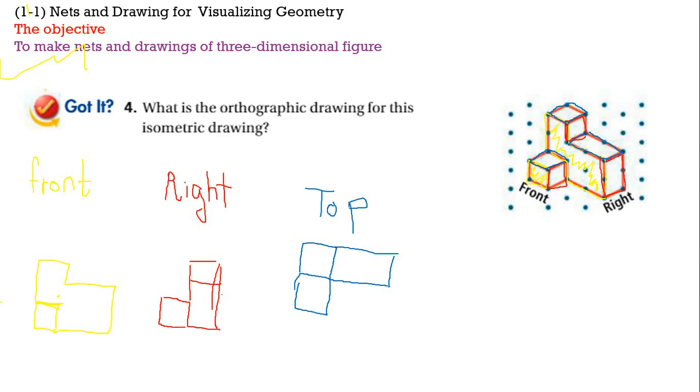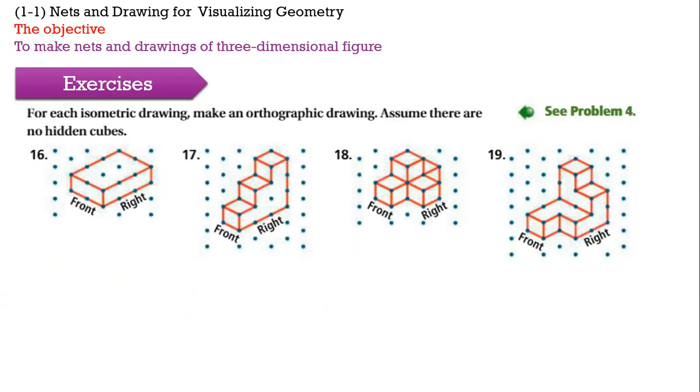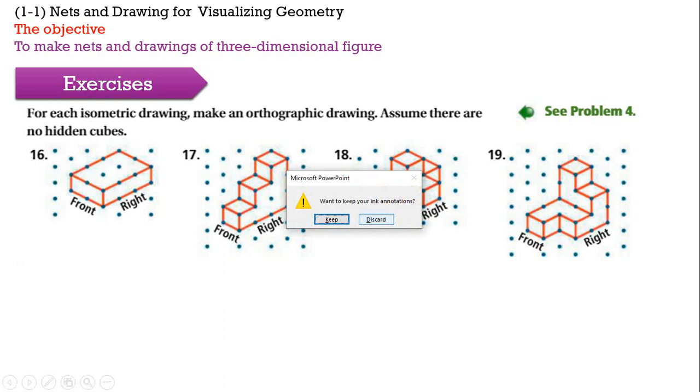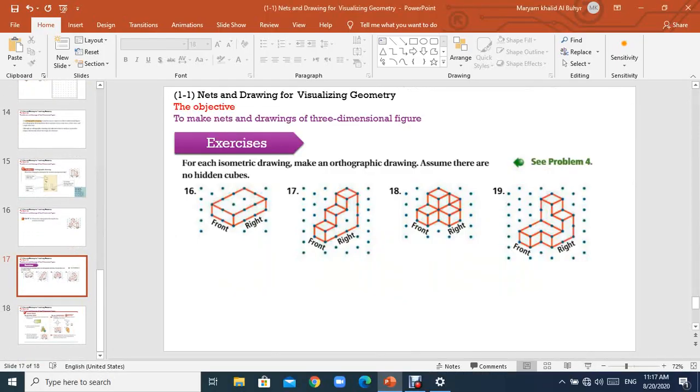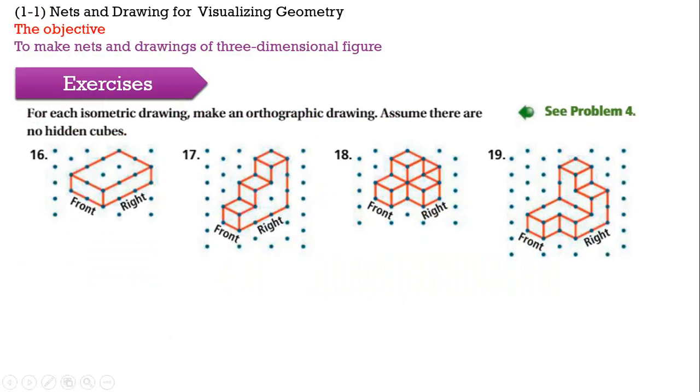That's what you're supposed to do. Now let's try just one of these exercises. I did not put the sheet, so let's make one of them. So first of all, we are going to make the front.